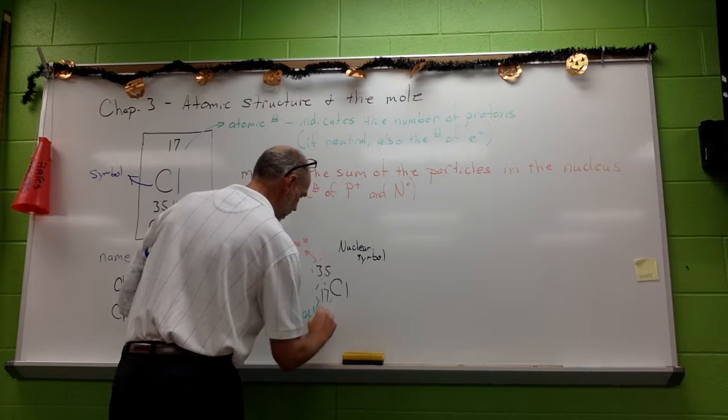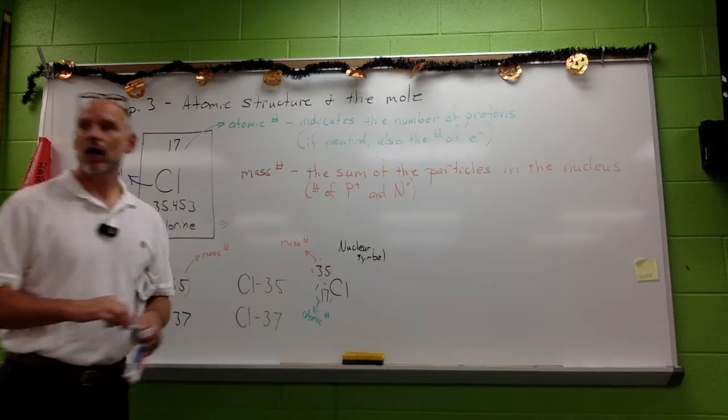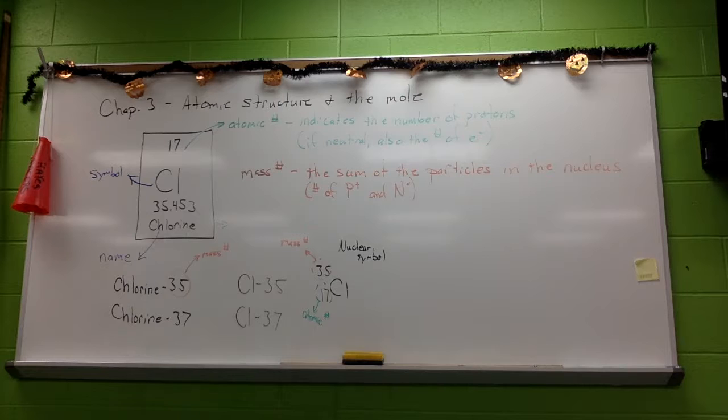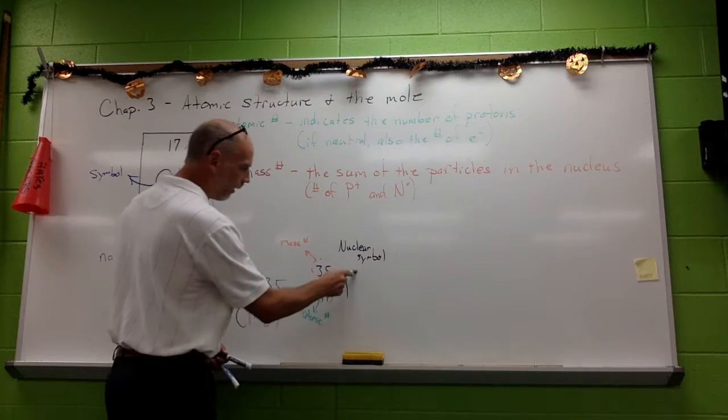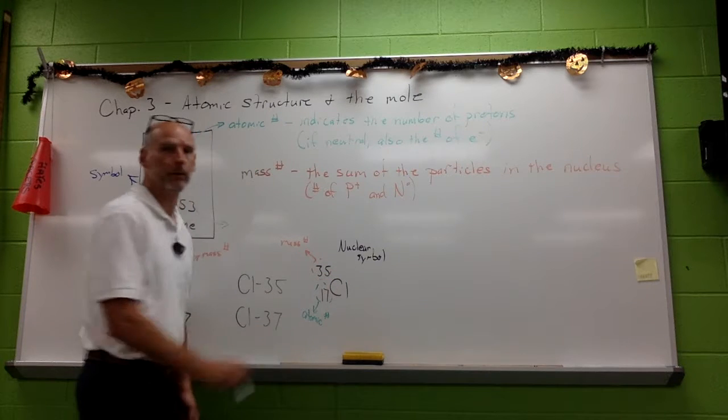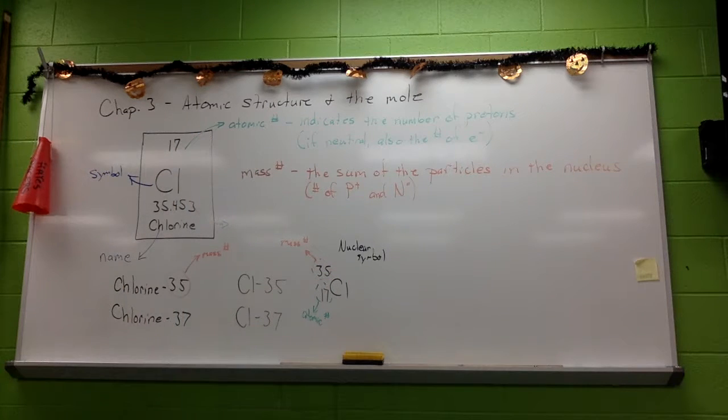Now, I don't know if we're going to have time to get there today. I would like to, but I don't think we're going to have time. There will sometimes be information written up here that would be the charge if it were an ion, in the upper right-hand corner. You've probably seen that before. If you guys did anything with naming and writing formulas in your physical science class, it's possible you got used to writing the charges of the ions up in the upper right-hand corner.